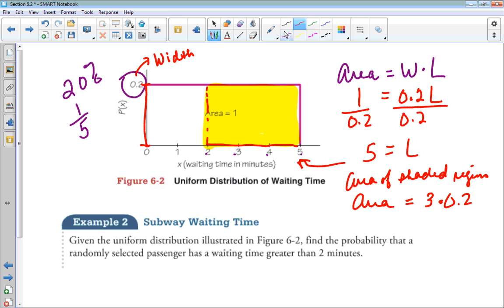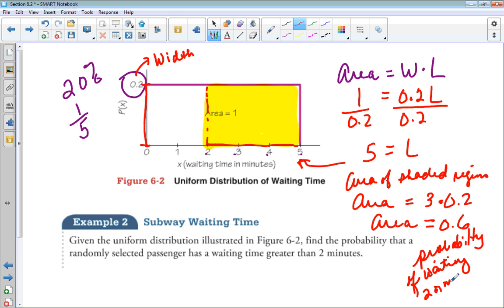Whoops, I'm grabbing the wrong thing here. The area is equal to 0.6. And of course, we want to keep in mind units, and that area is referring to what? The probability of waiting 2 or more minutes.